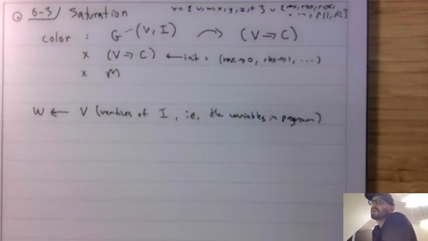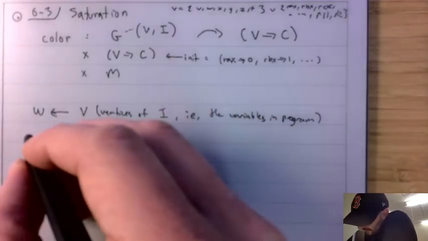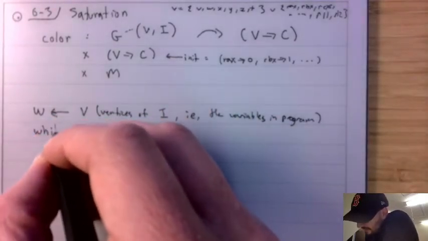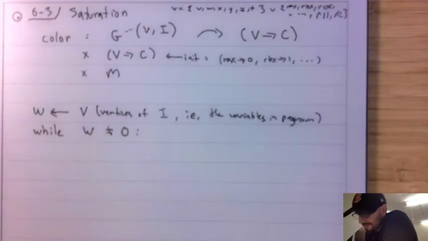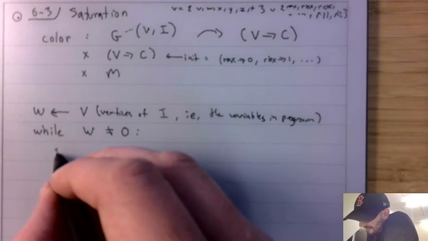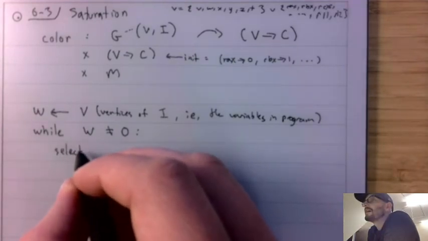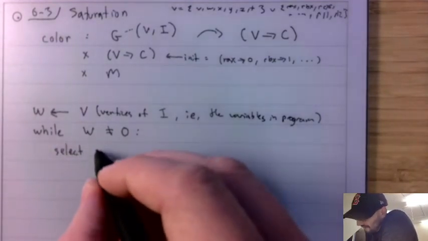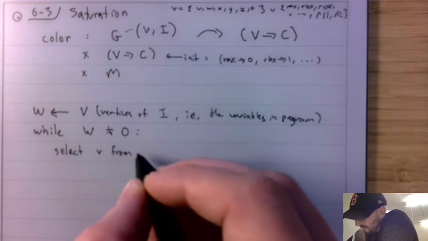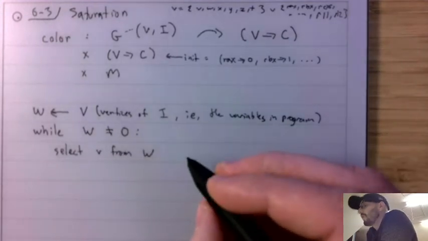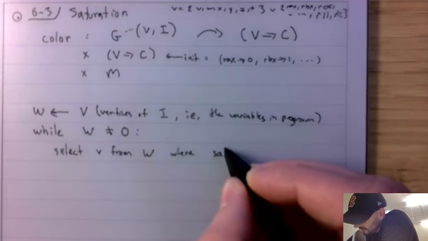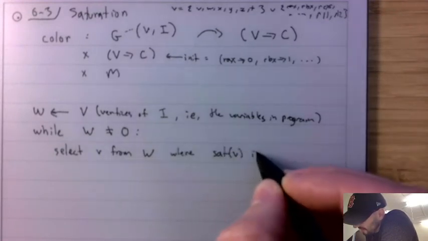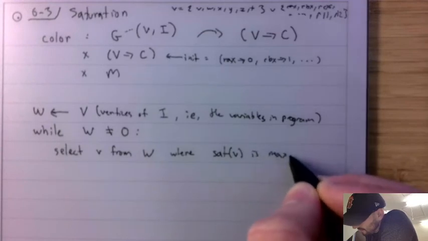We're going to look through each one. Now what we're going to do is say, while W is not the empty set, we're going to select V from W where the saturation of V is maximal.